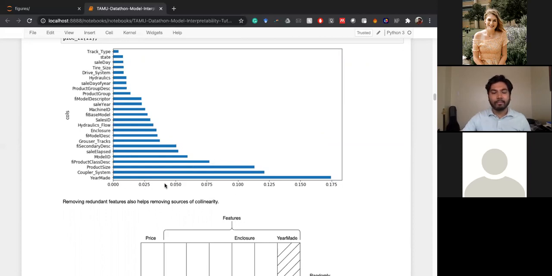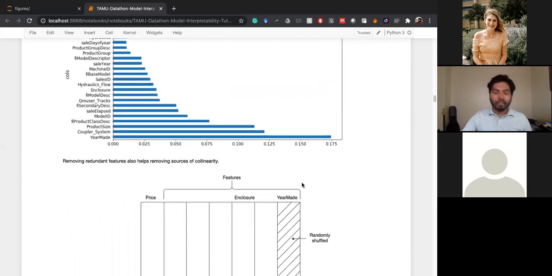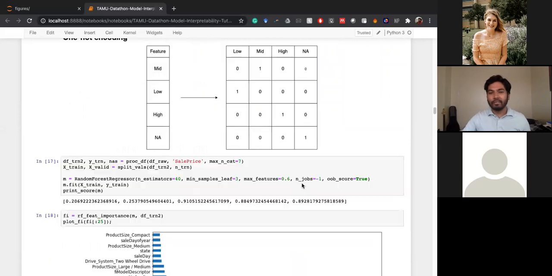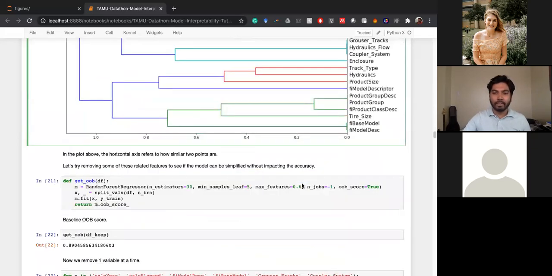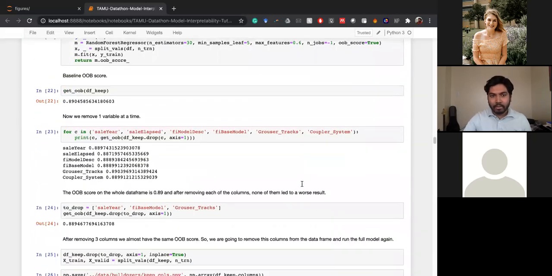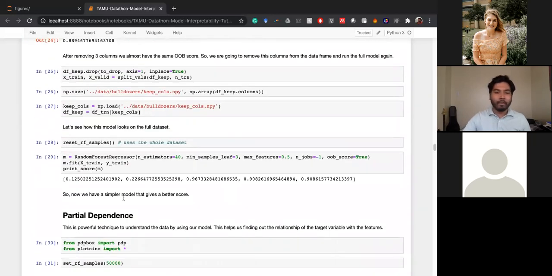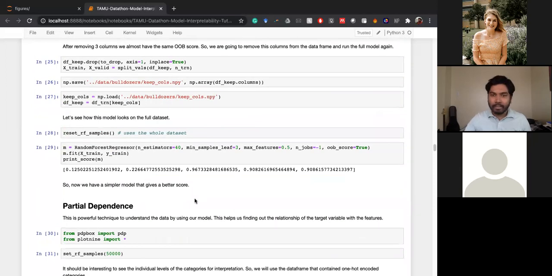So you could say that sale elapsed is reducing the impact that year made could have on the price prediction. So removing some of these redundant or similar features helps in making our model simpler, and sometimes it leads to getting a better score.